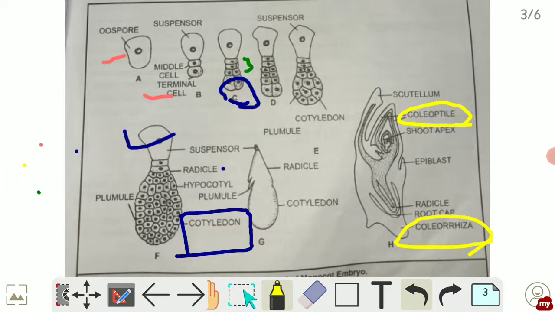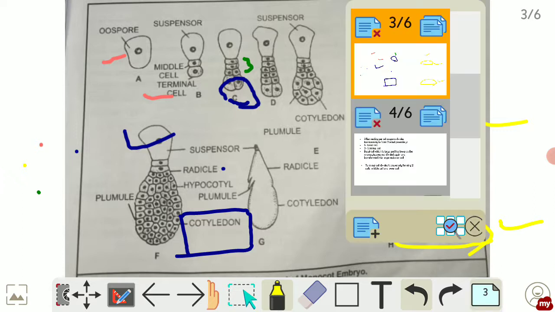So there is a covering: the shoot is covered by the coleoptile, and the root is covered by the coleorhiza. It occurs in monocotyledon, and monocotyledon has a scutellum. Okay, we understand the figure.